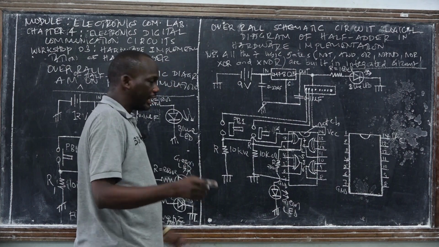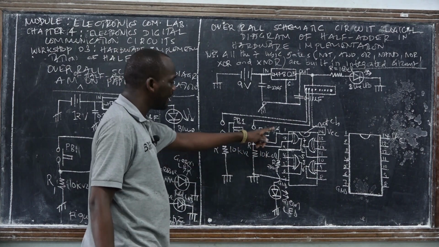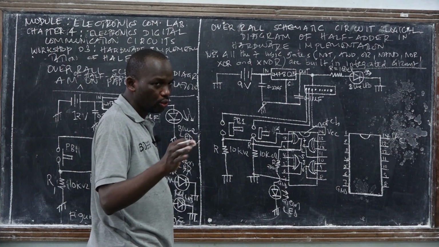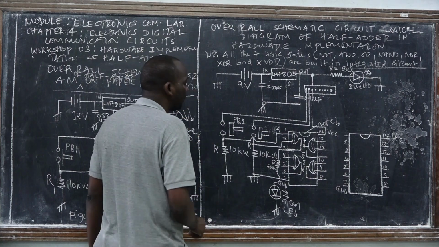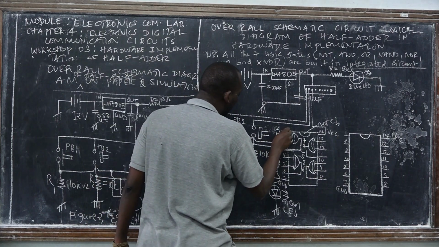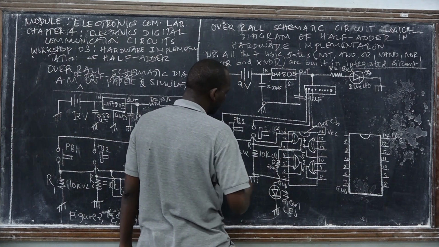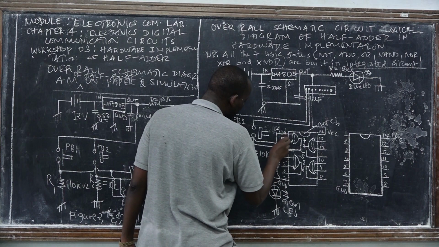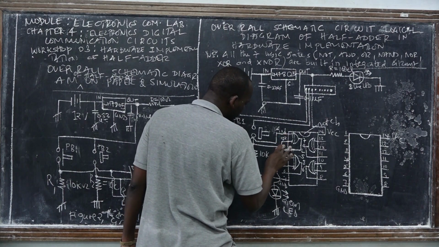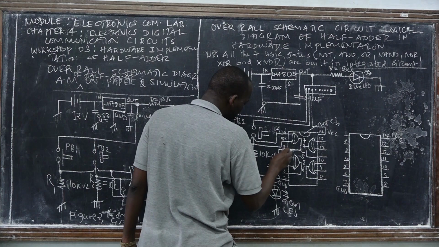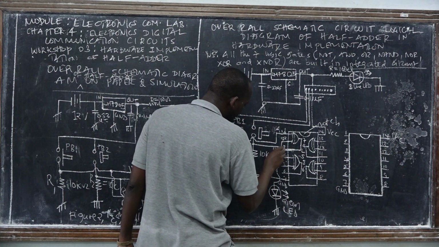Okay, let us come back. I forgot the names of the other pins. Look on the blackboard. The name of this pin we call pin 1A. This is 1B, and this is called the 1Y.